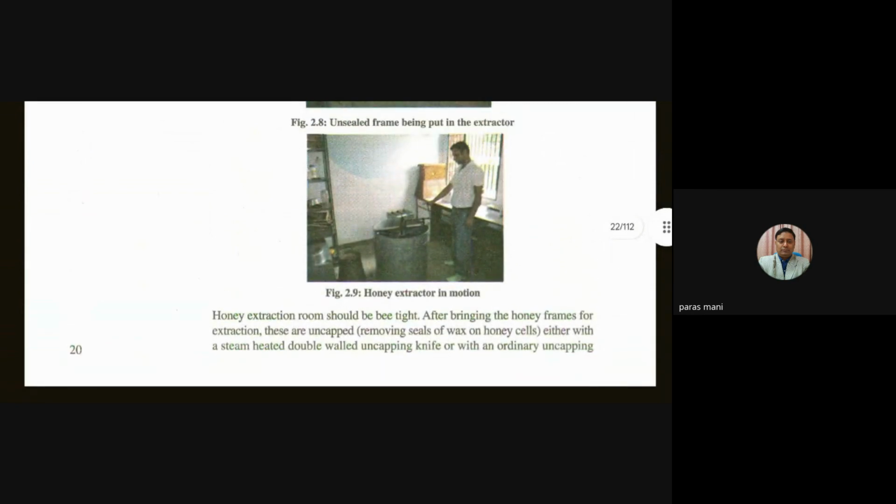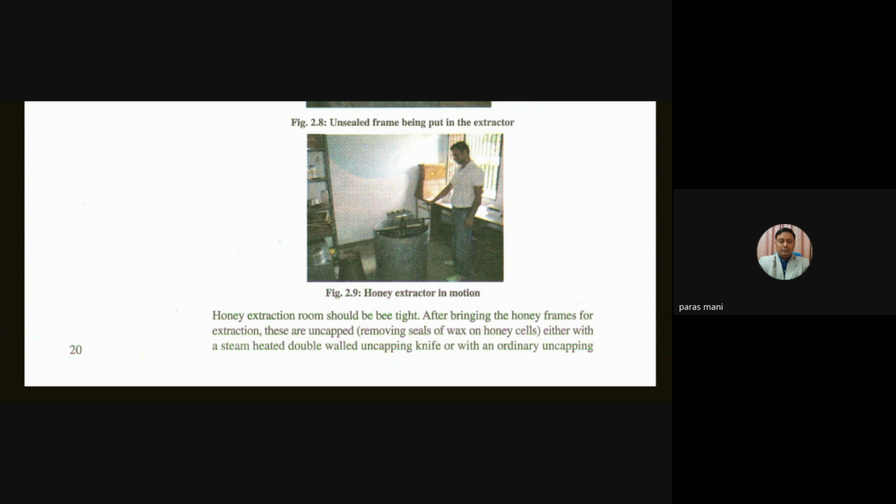After extraction, the honey will be filtered and later processed, so that the enzymes, fungus or any other microbes present in the honey are killed.